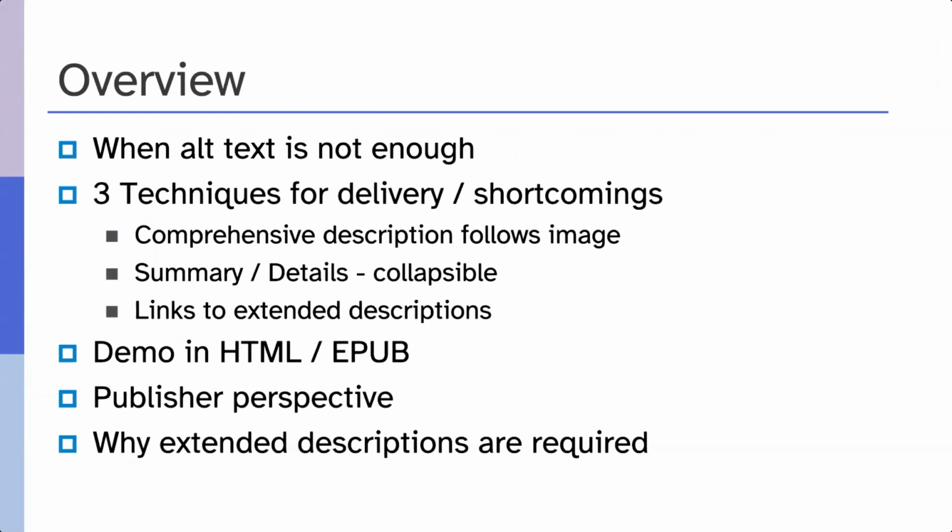And the overview of today's session will be talking about when alt text is not enough, and we will cover 3 techniques for providing extended descriptions: when it's immediately following an image, in the details and summary elements, and in linking to the back of the book and back.